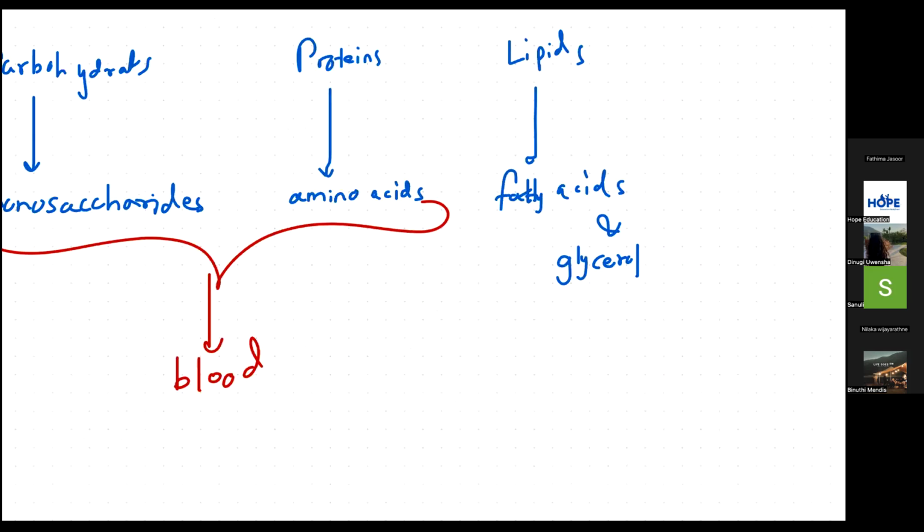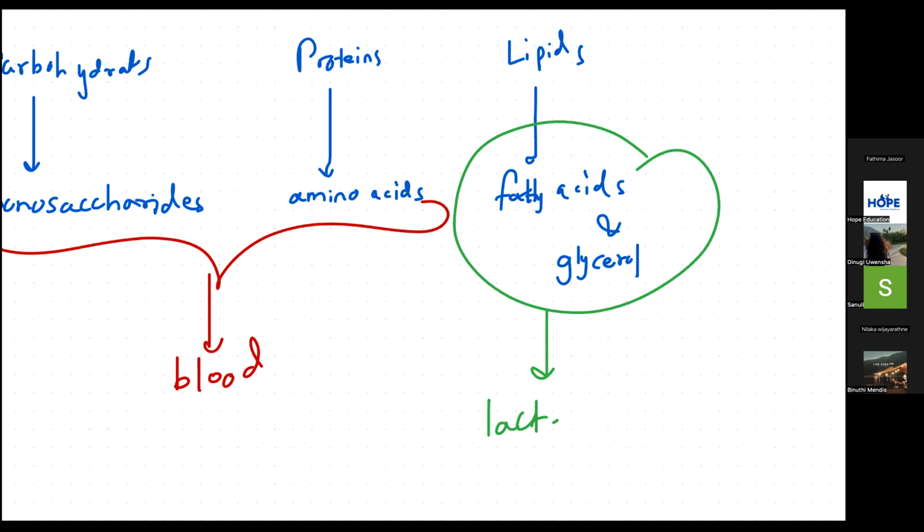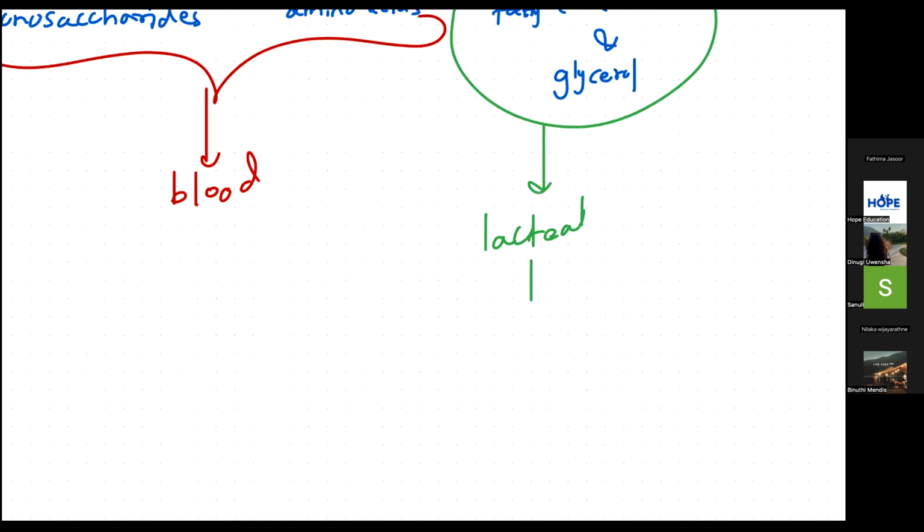However, fatty acids and glycerol, which are the products of lipid digestion, are first absorbed to the lacteal. The lacteal එකෙන් යනවා lymphatic system එකට. Lymphatic system එකෙන් තමයි blood වලට යන්නේ, right? මේවා අපි recently කරේ, so I'm not going to take too much time to revise. Lymphatic system වලින් තමයි blood එකට යන්නේ. ඔයගන්ට ඕන දේවල් තියෙනවා නම් ලියා ගන්න.